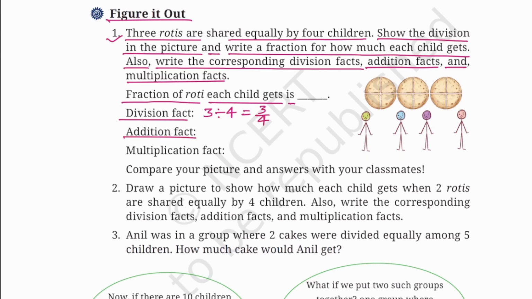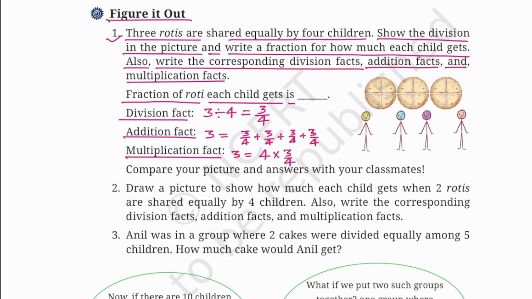Addition fact, 3 can be written as 4 times 3/4. 3/4, 3/4, 3/4 added 4 times. Multiplication fact, 3 can be written as 4 multiplied by 3/4.